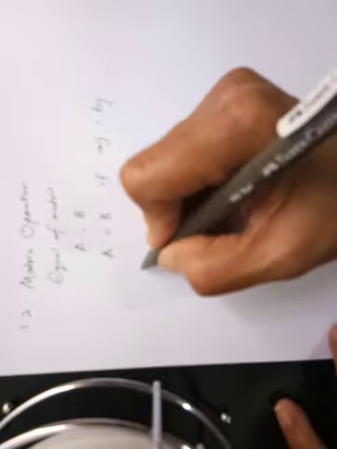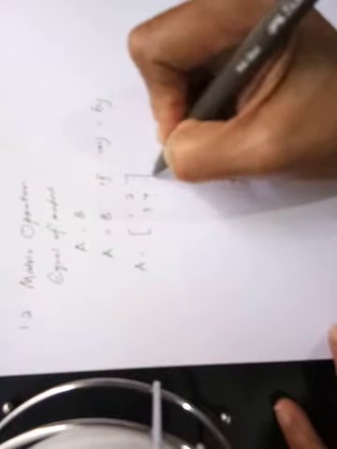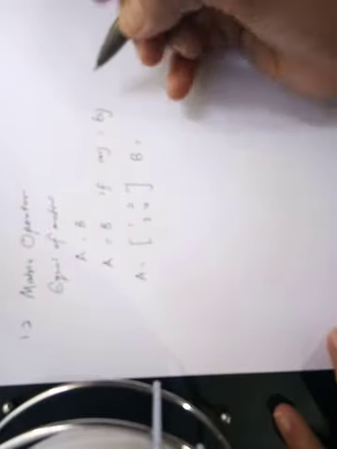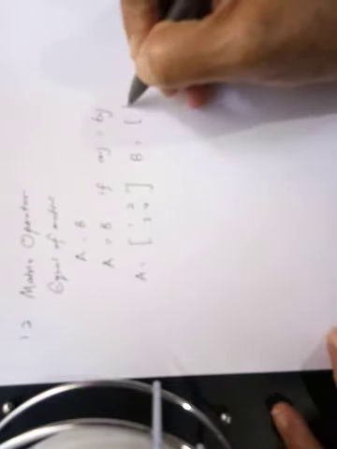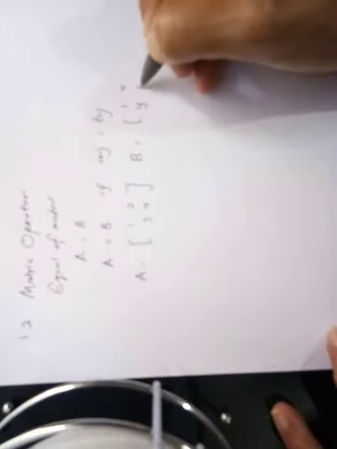Okay, example, let's say A is 1, 2, 3, 4 and B is 1, X, Y and 4.